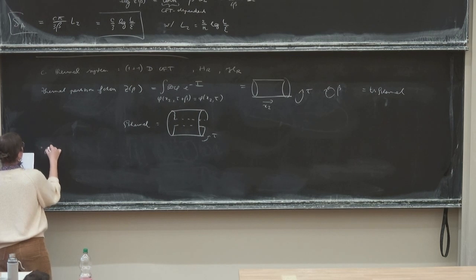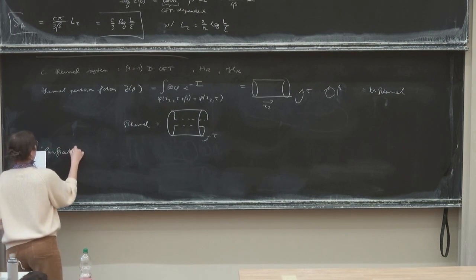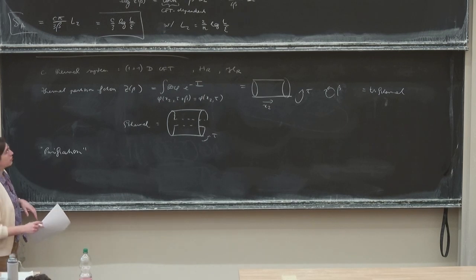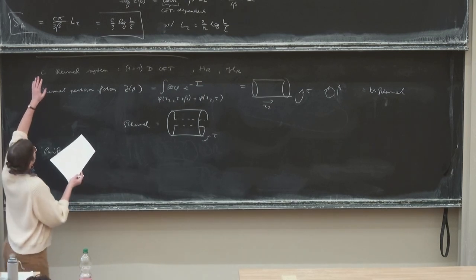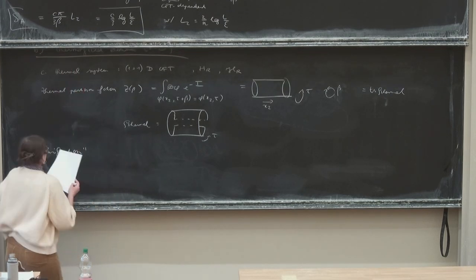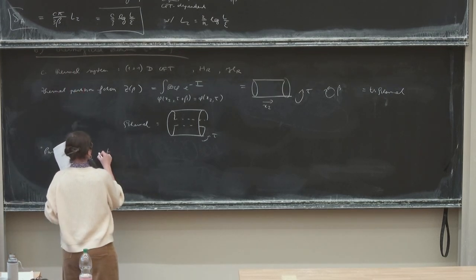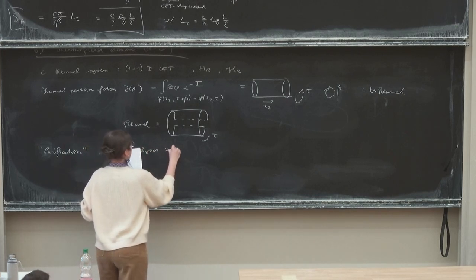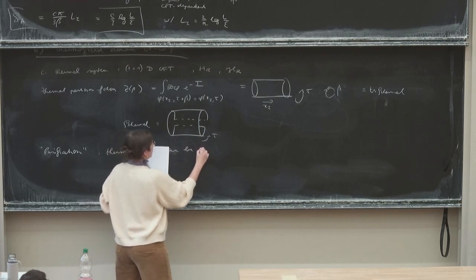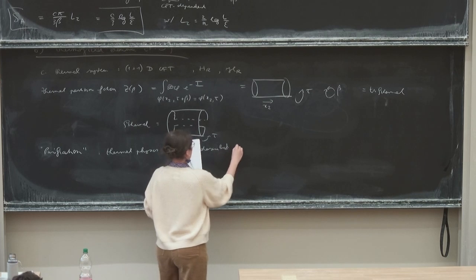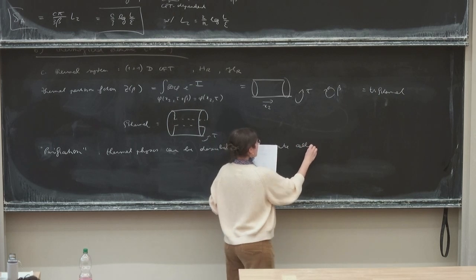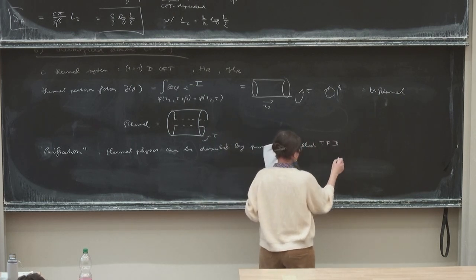Okay, and now the general statement is that you can do some procedure called purification. And that tells you that the thermal physics can be described by a pure state, which is called the thermal field double state.